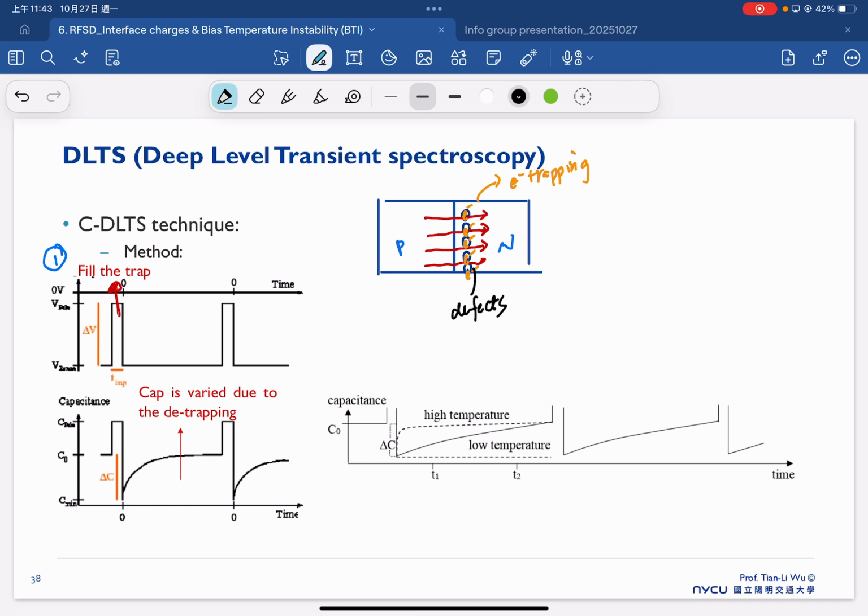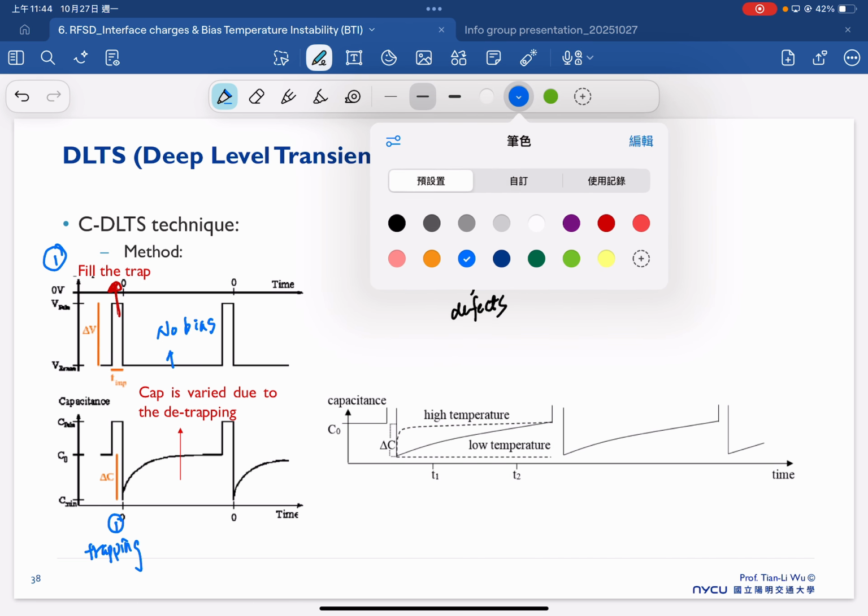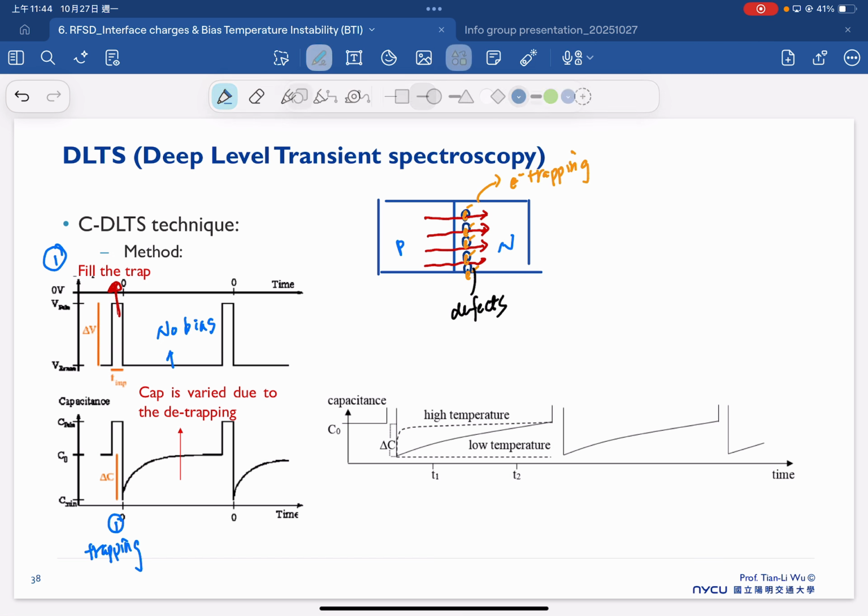So that's why in the first state we fill the trap, and the purpose of filling the trap is to induce the trapping effect. And then the second state is where we give no bias. The purpose of no bias is that we want to see the detrapping.